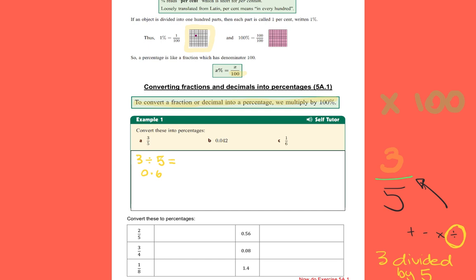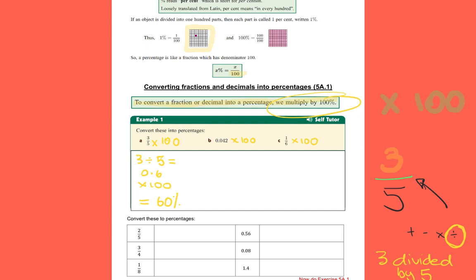Now the next thing we need to do is multiply by 100. So times by 100 equals 60%. So 3/5 times by 100. Each of these, to change them, is to times by 100.